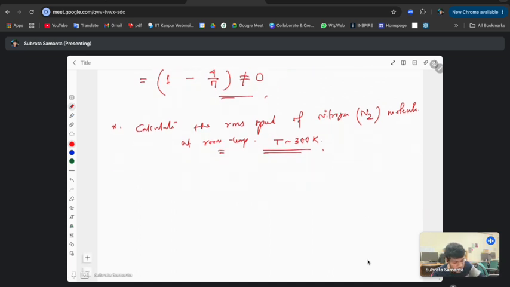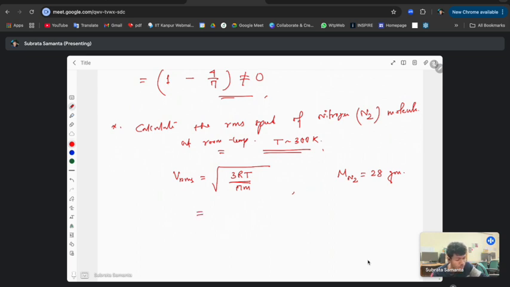You know the formula for v RMS is the square root of 3RT by m, and we know the value of m for N2, which is 28 gram.